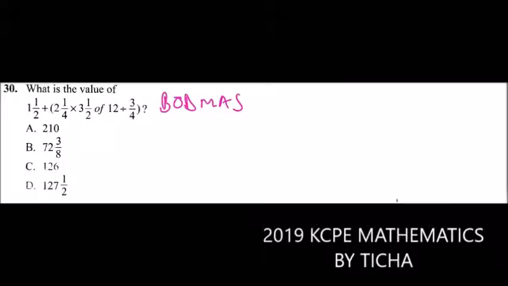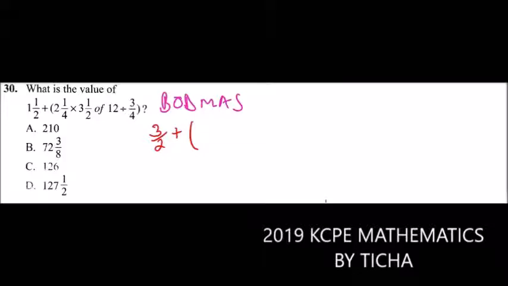So we always start with the bracket, and even inside the bracket we apply the BODMAS. So it is good we write the fractions in their improper form. So 1.5 is the same as 1 times 2 plus 1, that is 3/2, plus this.